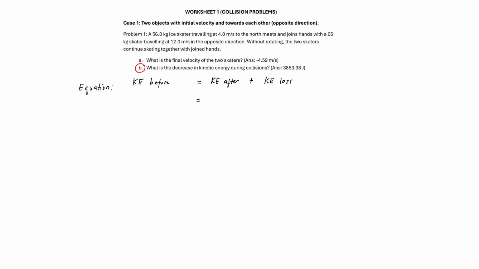So we have here 1/2 m1 v1 square plus 1/2 m2 v2 square equals 1/2 m1 v1 square plus 1/2 m2 v2 square plus the kinetic energy which is lost.